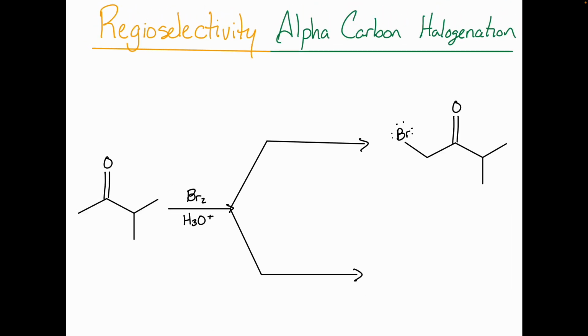And we would get two distinct products, depending on which carbon that bromine was directed to.